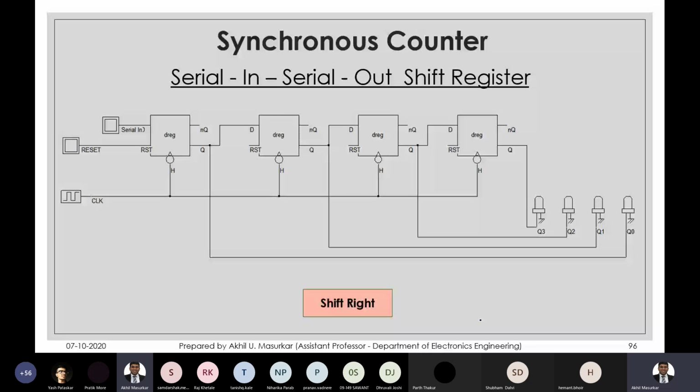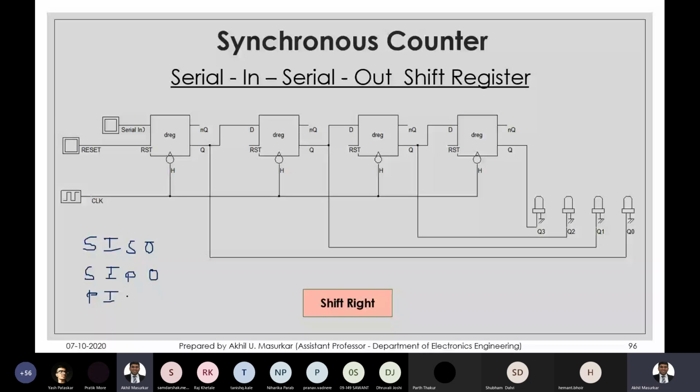Shift registers. When it comes to shift registers, there are some types, that is SISO, serial in, serial out. Then we have serial in, parallel out.